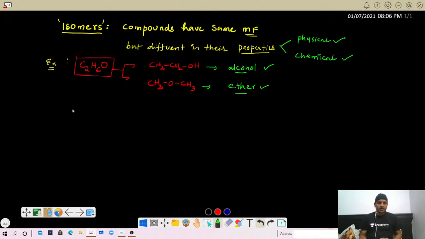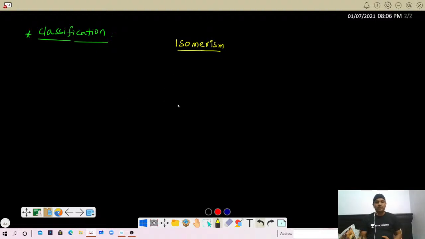Classification of isomerism. How do we classify isomers? On the basis of what? Isomerism we can first classify on the basis of connectivity of atoms.